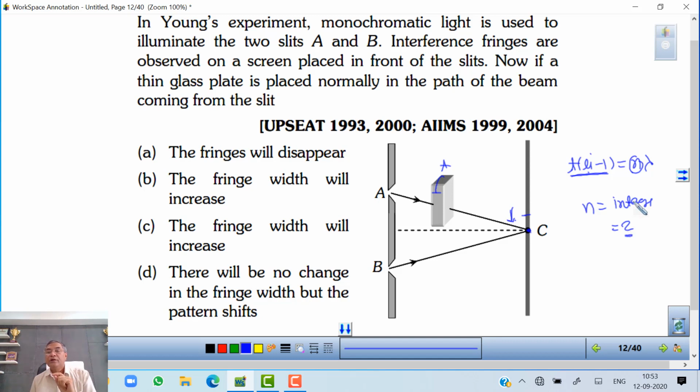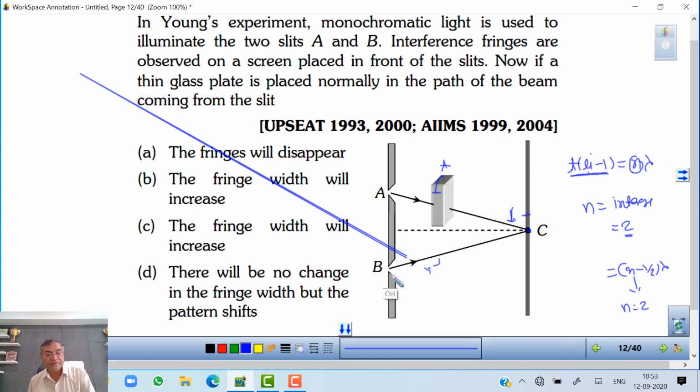And if this is equal to (n minus half) lambda and I calculate n equal to 2, it means the center will shift to the position where the second minima was observed. If you get this, it shifts to the second maxima, and if you get that, it shifts to the second minima. And if any value is given, you can calculate it.